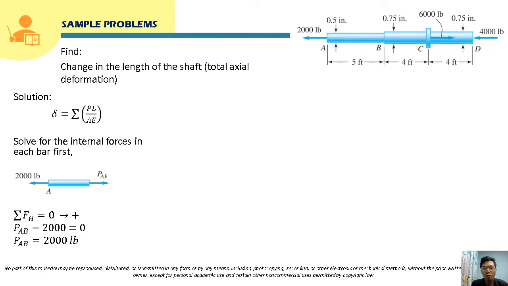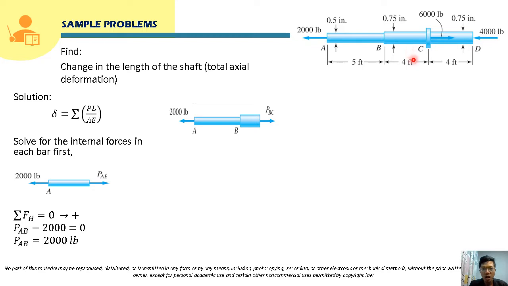Now for the next segment, that is segment BC. For BC, we are going to cut this section here, and then you have to involve the entire left segment if we are going to cut at this section.